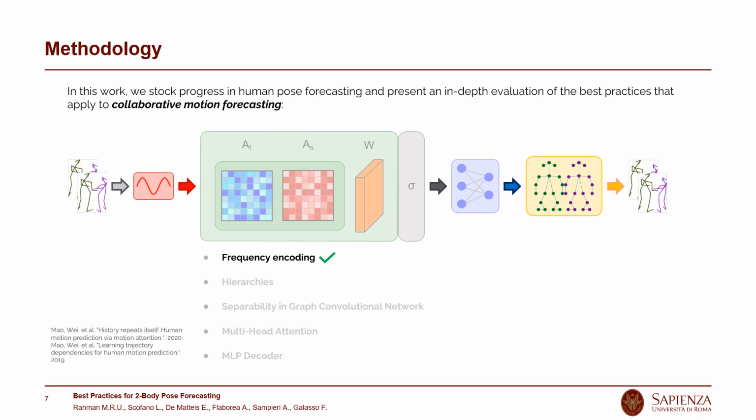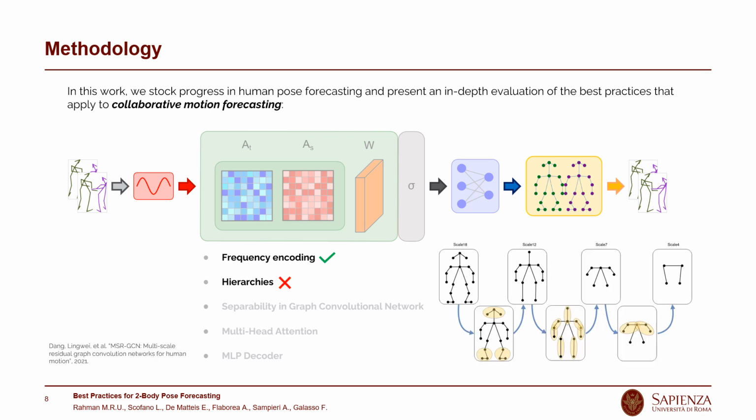To begin with, we utilize frequency representations by applying the discrete cosine transform to convert the input into the frequency domain. The discrete cosine transform is known for capturing smooth movements through frequencies and has demonstrated excellent performance. Next, we delve into the concept of hierarchies, where neighboring nodes are combined to generate multi-scale representations.